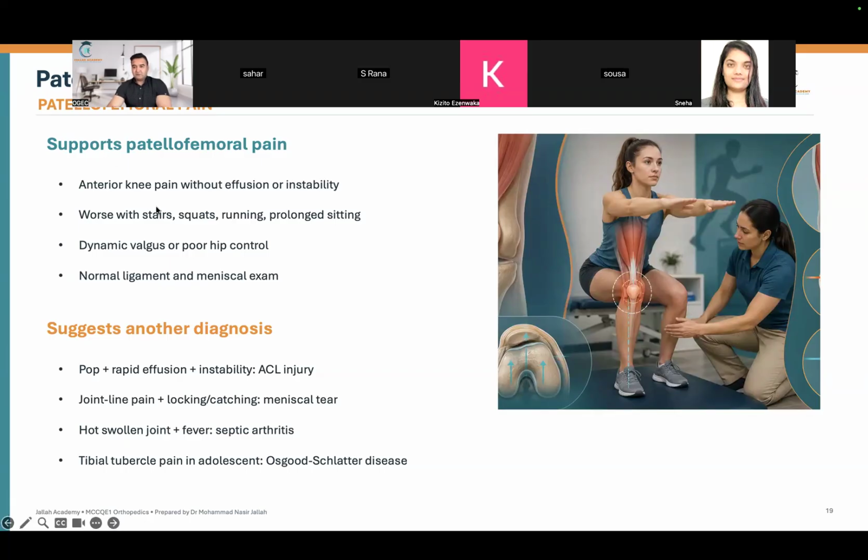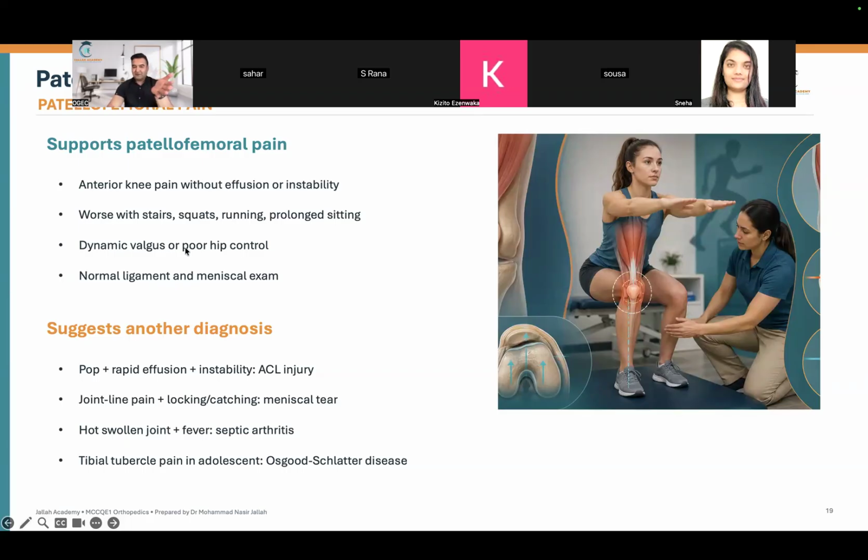Anterior knee pain, very characteristic. Anterior knee pain without effusion or instability in a young adolescent athlete. Worse with stairs, squat, running, prolonged sitting, dynamic valgus, or poor hip control.